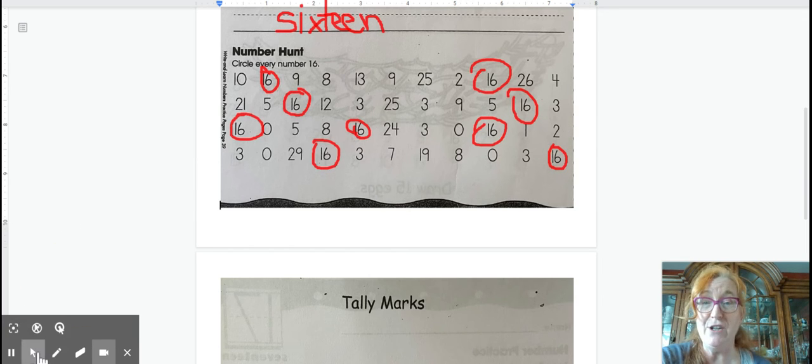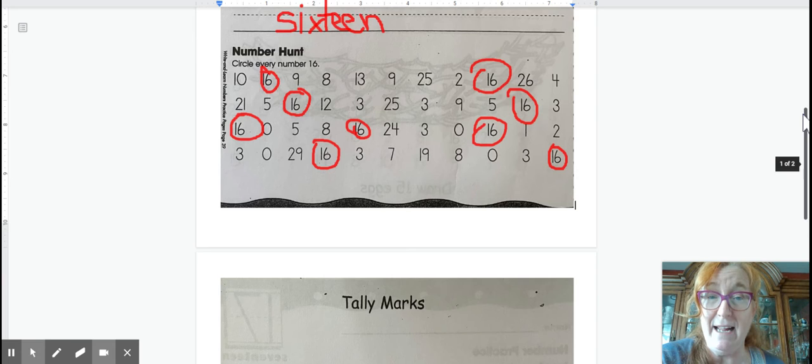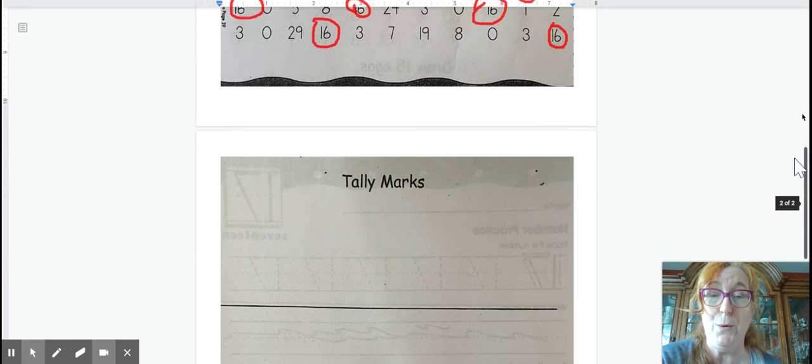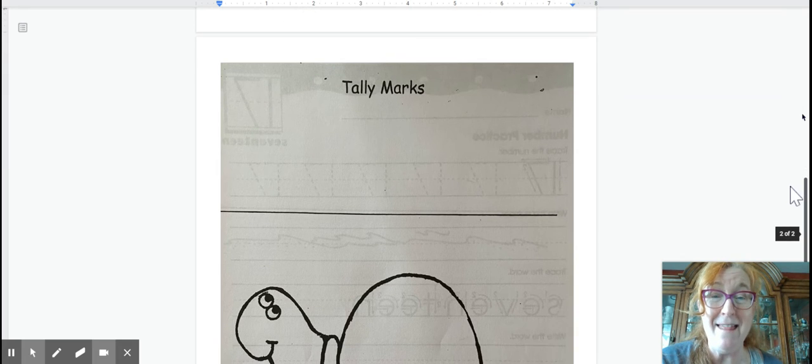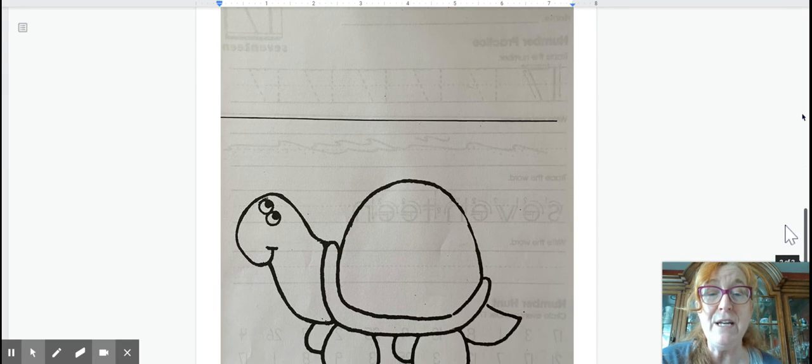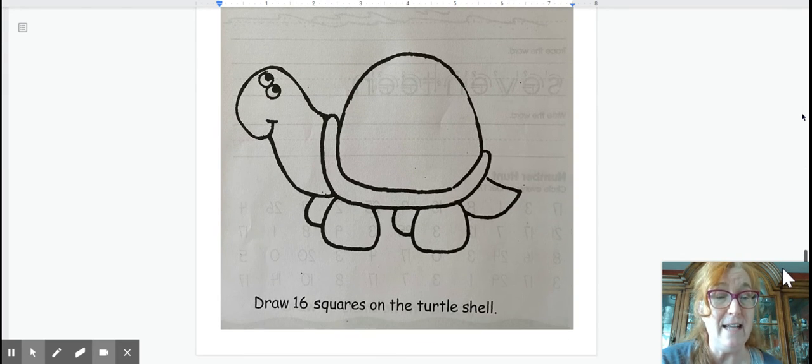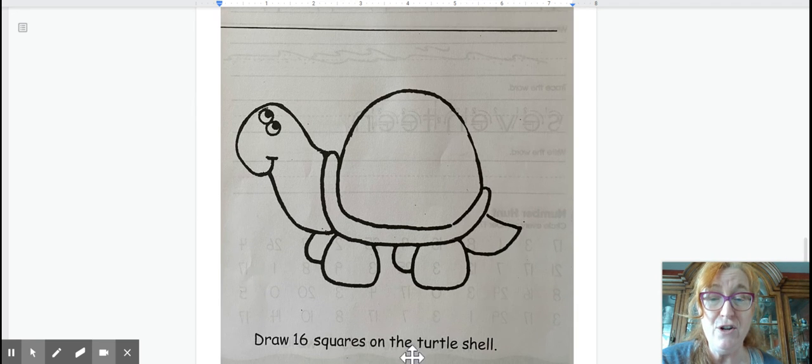Okay, great job naming and recalling the names of these numbers and being able to recognize them. Good for you. Now we're going to start the challenge part of our math activity today. We are going to make a number page for 16. You are going to be challenged to draw 16 squares on this turtle, okay?